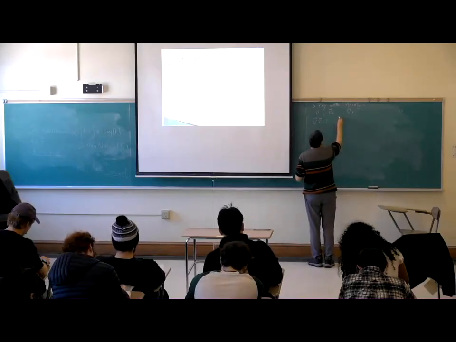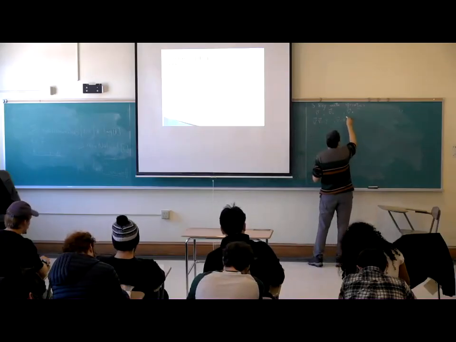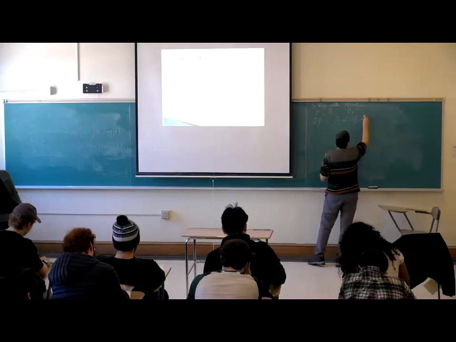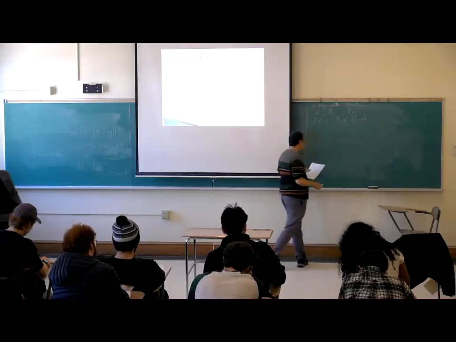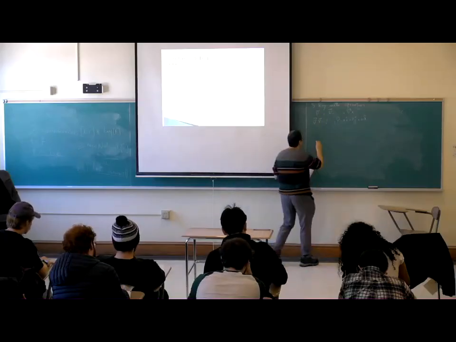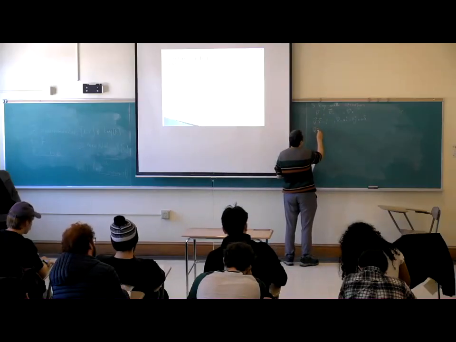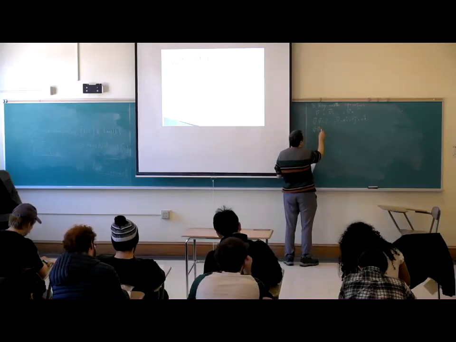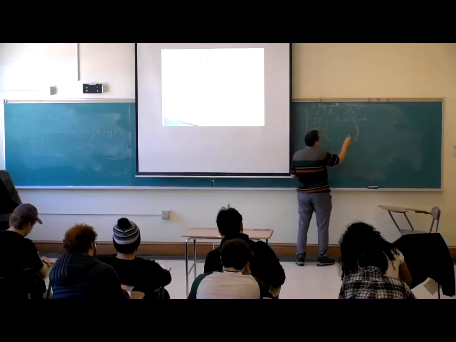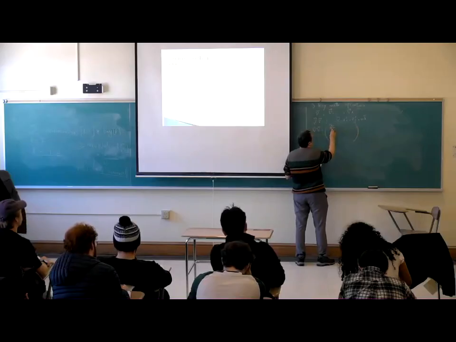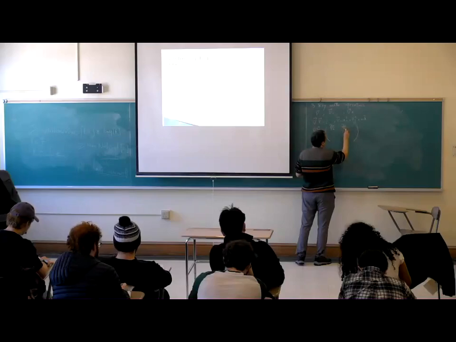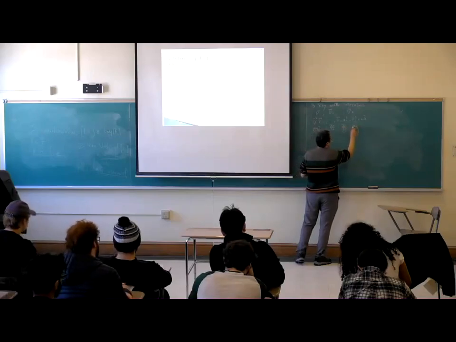And V is the velocity vector, Ui plus Vj plus Wk. So, gradient of V is a tensor or a matrix: partial u partial x, partial u partial y, partial u partial z.